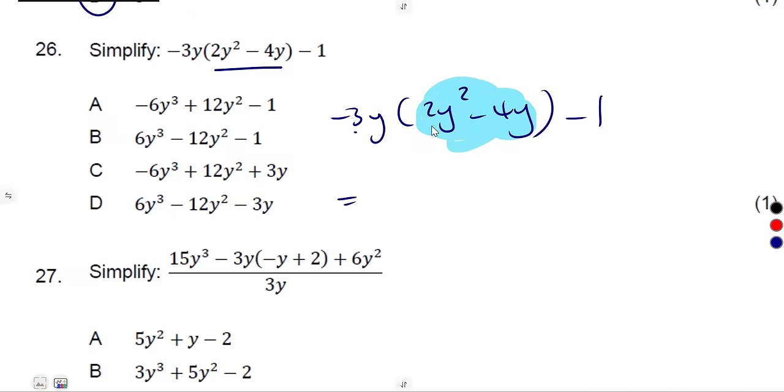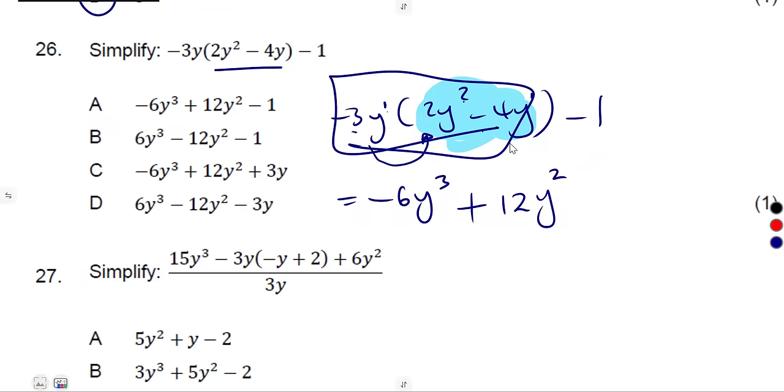So minus 3 and 2, that's going to be minus 6. If we distribute here, that's going to be negative 6y to the exponent of 3. This is 1 plus 2, which is 3. Minus 3 and minus 4, that's a positive 12. There's a 1 here, so we add 1 plus 1, which is what? y squared. We are done with the bracket.